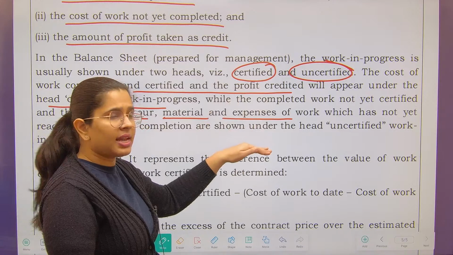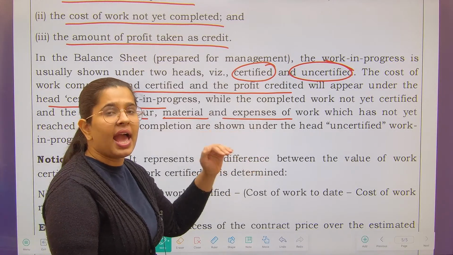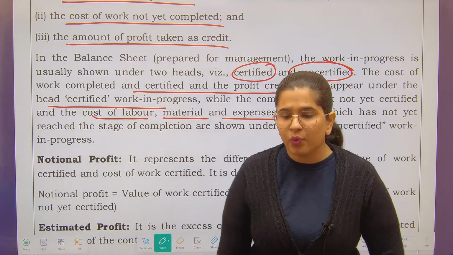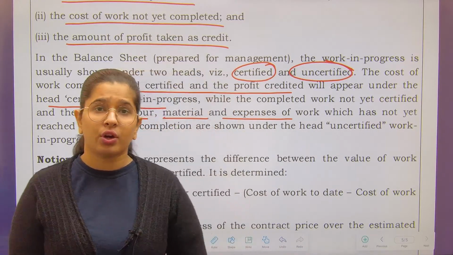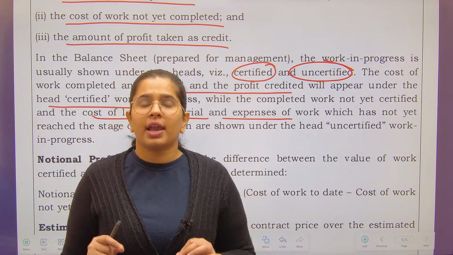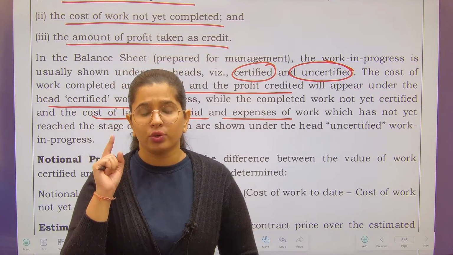But in the next scenario, your work has not yet been certified and you are not eligible to recognize profit. If you have seen accounting standard AS 9, that is revenue recognition, in that we clearly say you should recognize revenue or profit only when you are sure that you are going to receive it.